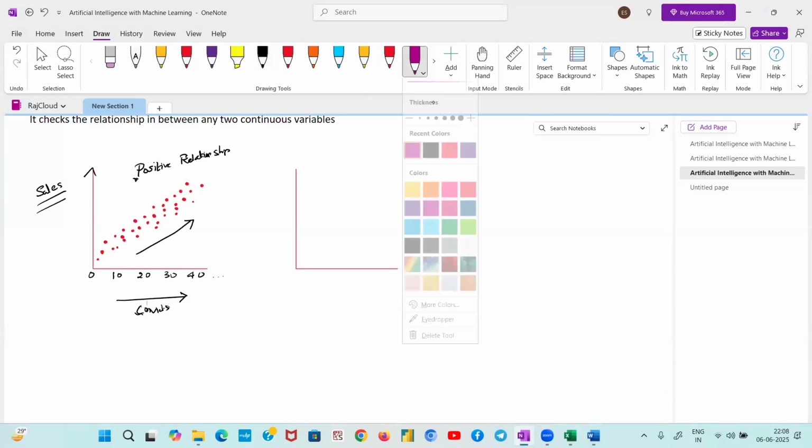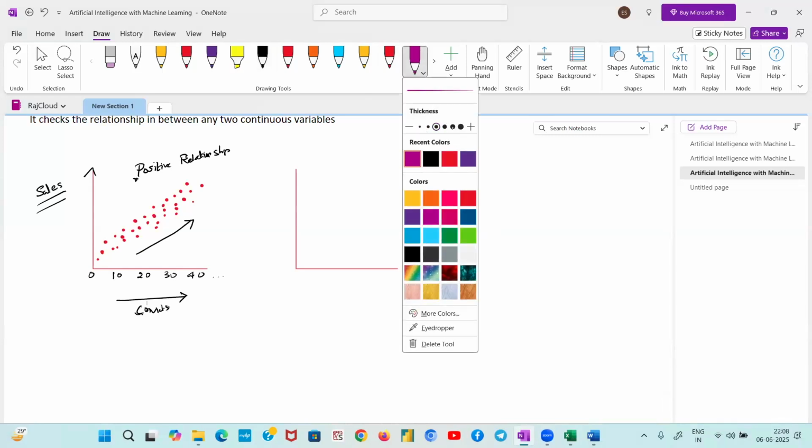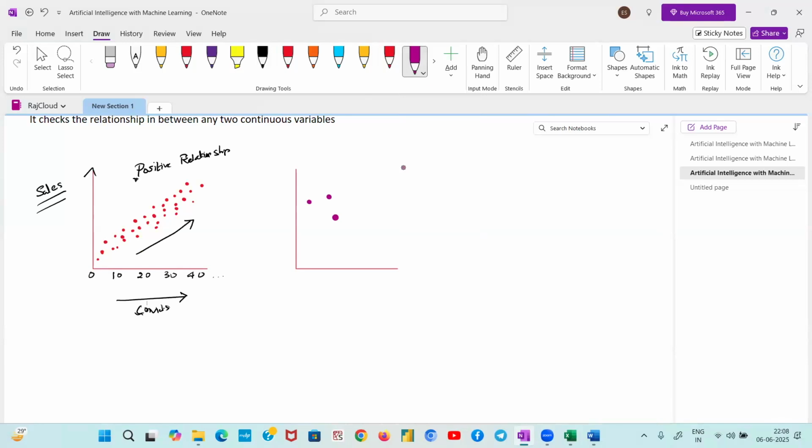Similarly, if you see a decreasing trend like this, what is happening here? As one variable is increasing, the other variable is decreasing. Like, the more you work out, the calories will be reduced, or not?